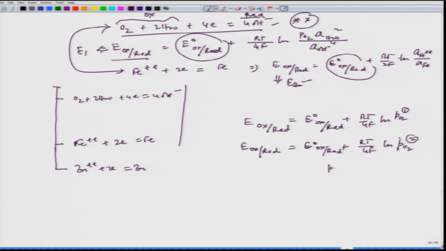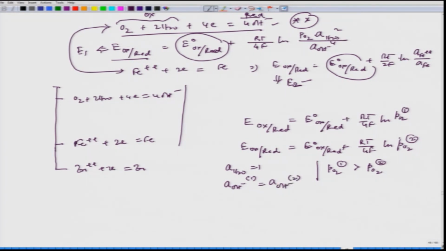So now if I consider PO2 1 greater than PO2 2, what could be the situation? The assumptions are that the activity of H2O is 1 and the activity of OH minus in case 1 equals the activity of OH minus in case 2.